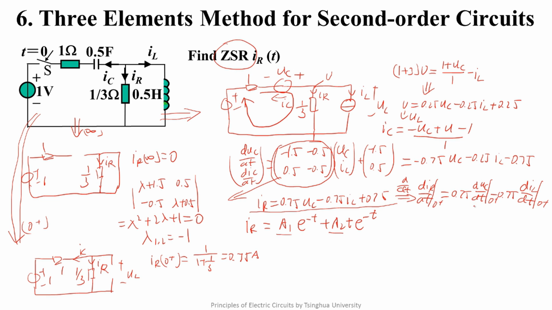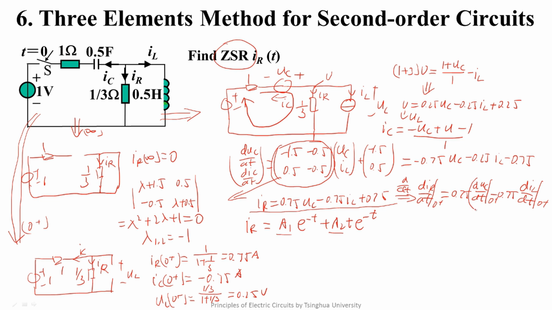So we need to find IC(0+) and UL(0+). It's easy for this problem. IC(0+) equals 0.75 ampere, and UL(0+) equals 1/3 times 0.75, equal to 0.25 volts.